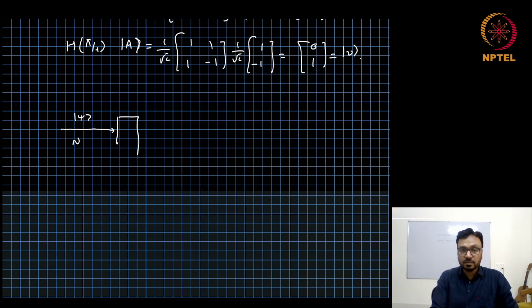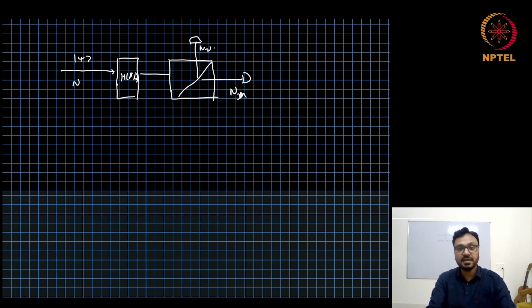We apply a half wave plate rotated at pi by 4, followed by a polarizing beam splitter, followed by detectors.